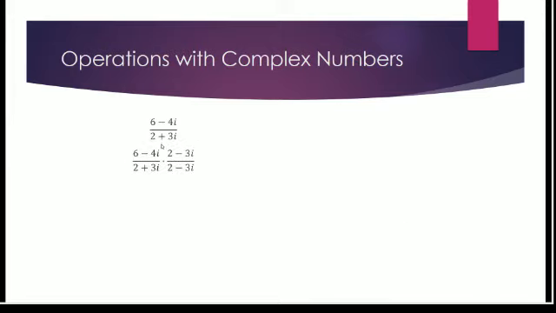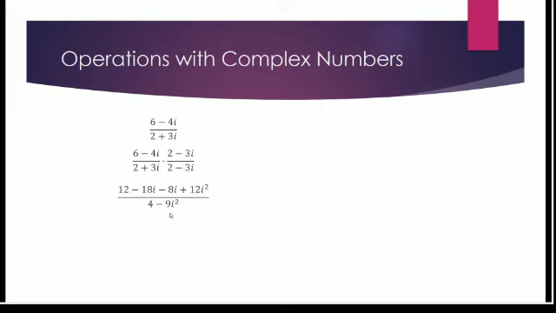6 minus 4i over 2 plus 3i, multiplied by the conjugate. You get 12 minus 18i minus 8i plus 12i squared over 4 minus 9i squared. So minus 9i squared becomes plus 9.